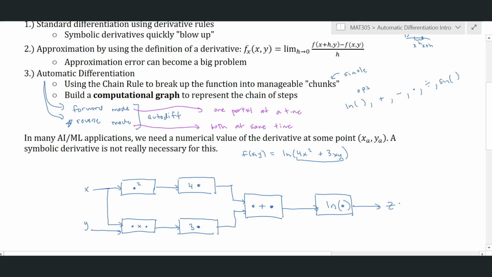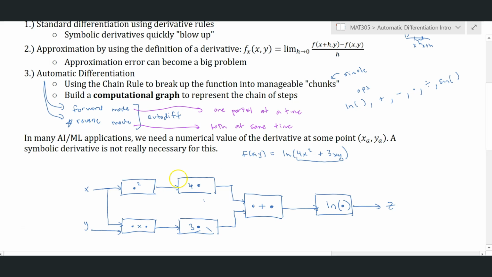All right, well, what's happening here is if you notice at each of these junctions, at each of these phases, we are performing one simple operation. So you can see here, there's a multiplication. Here, there's, again, a multiplication, value times itself. Here is multiplication, addition coming into here, and the natural log. So we've broken this up into manageable chunks that make this much easier to follow.